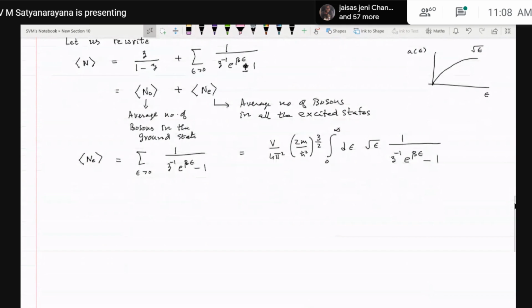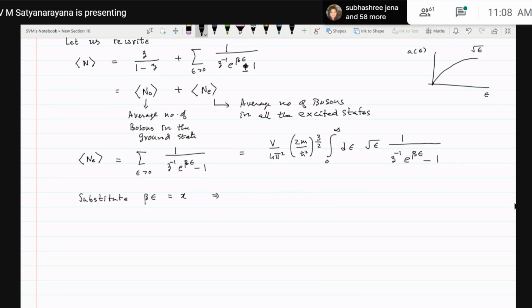Now this is the integral that I have to evaluate. So now I can write the integral in the following fashion. Let us substitute beta into epsilon to be equal to some x.